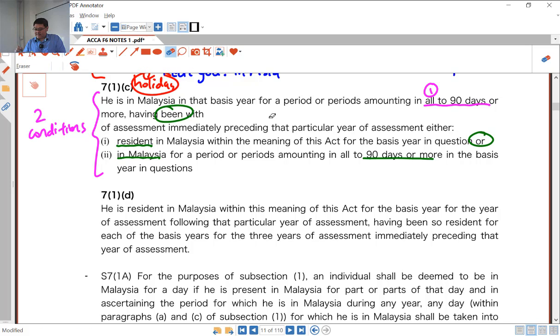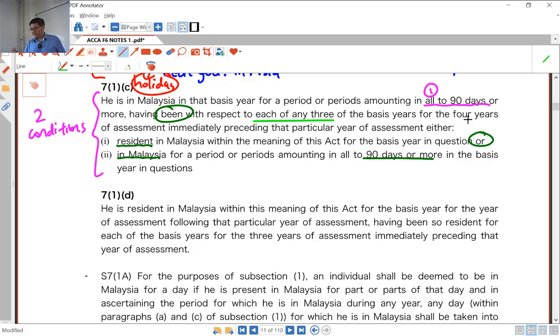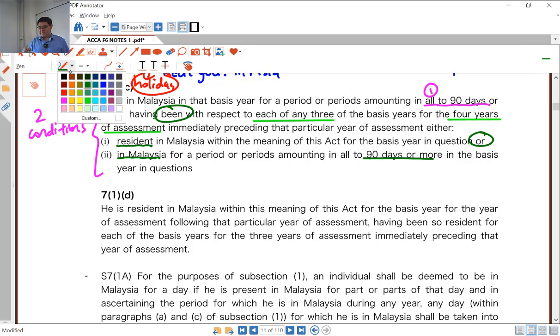That's why this part comes in. It says over here, each of any three for the 4 years of assessment. So they say any three out of the 4 years. The second condition says any three out of the 4 years.